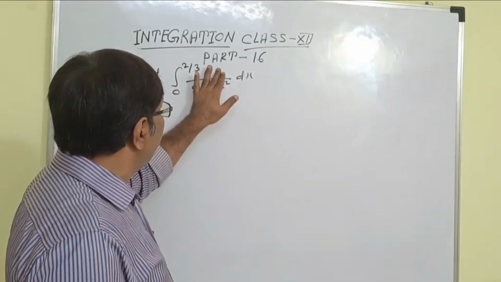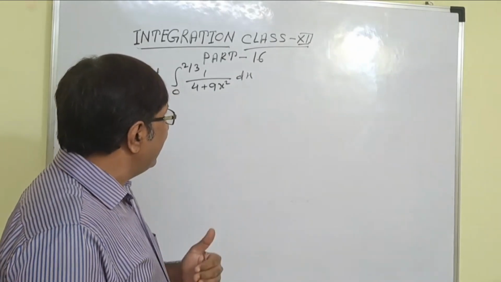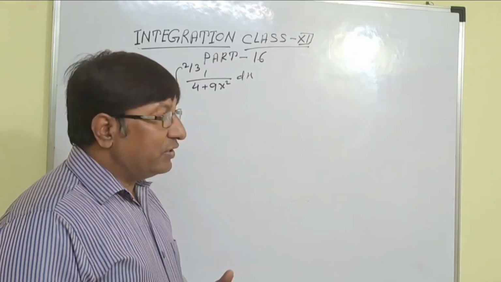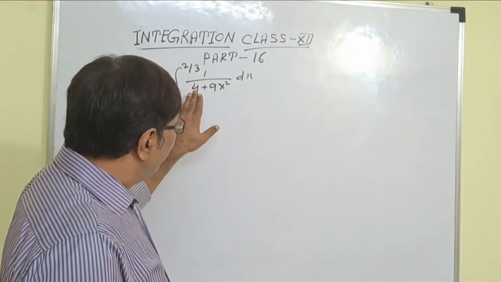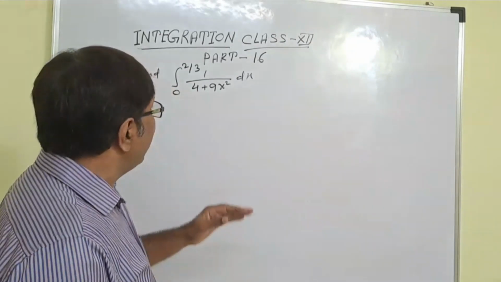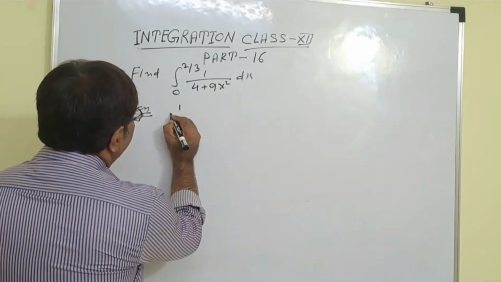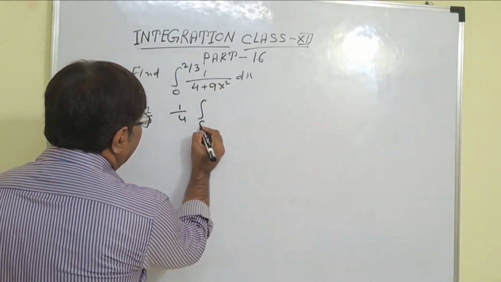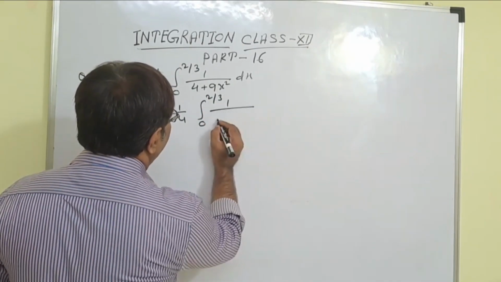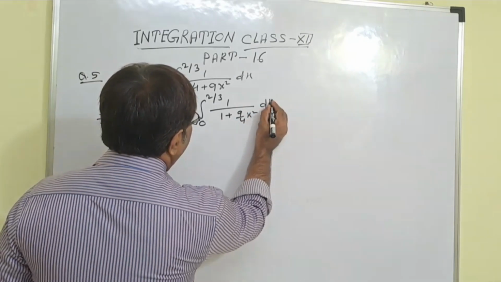You know well that the integration of 1 by 1 plus x square is tan inverse x. So first we take 4 common from the denominator, and we get 1 by 4 times the integral from 0 to 2 by 3 of 1 upon 1 plus 9 by 4 x square dx.